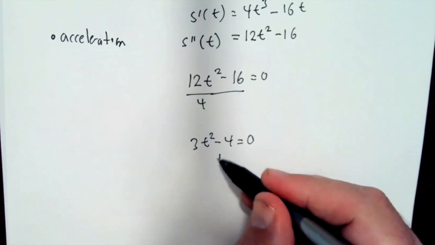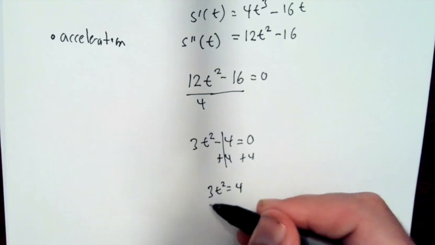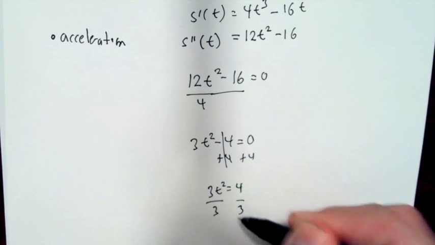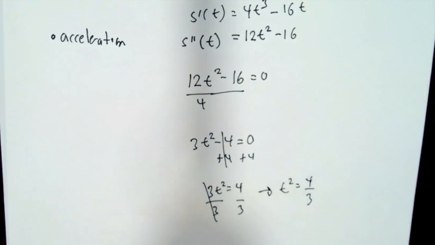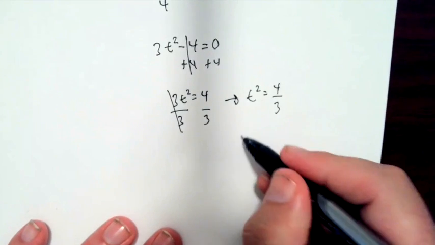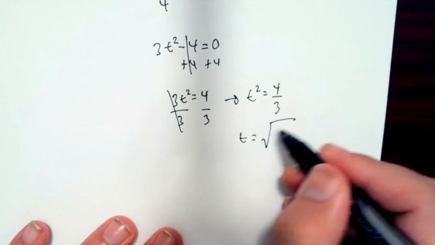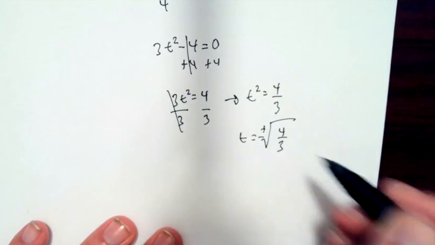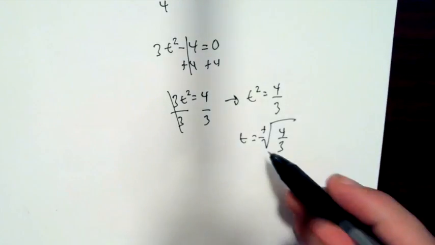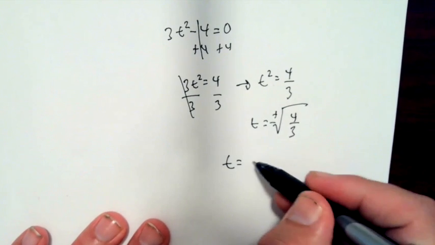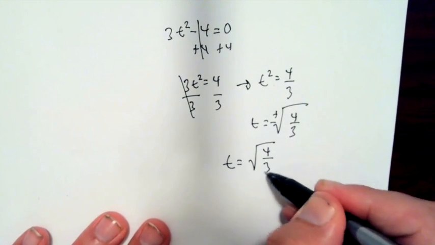Solving, 3t squared equals 4, and dividing both sides by 3 gives t squared equals 4/3. That means t is positive or negative square root of 4/3. But since this function is only defined for t greater than or equal to 0, I'm going to drop the negative and just have t equal to the square root of 4/3.